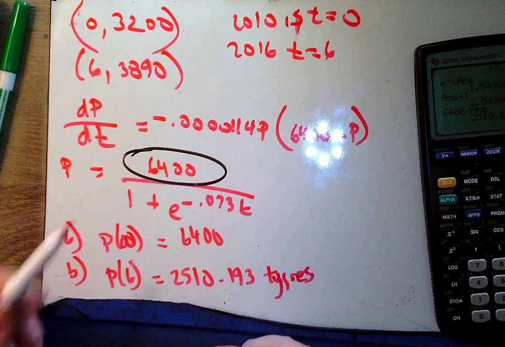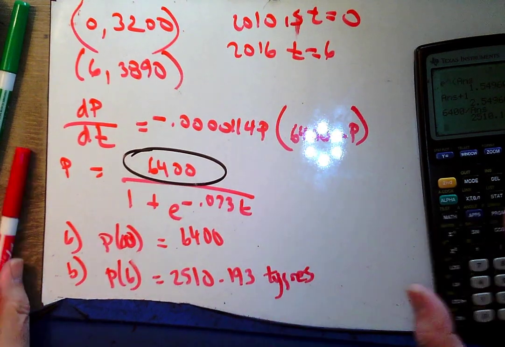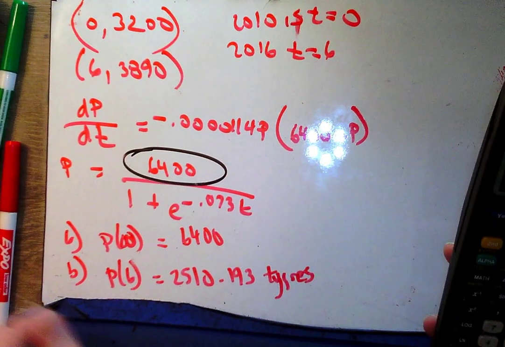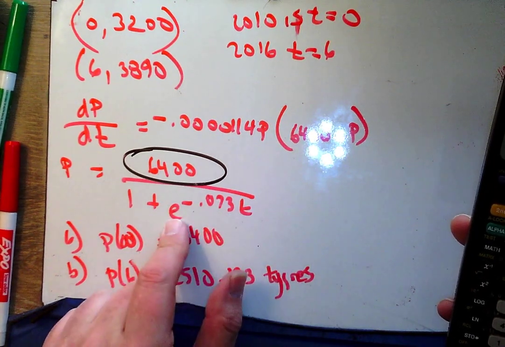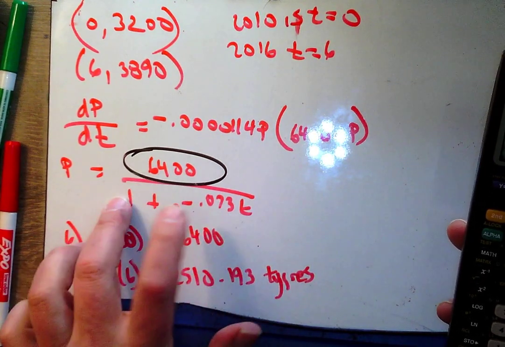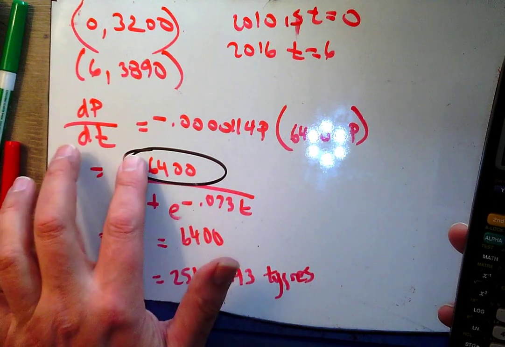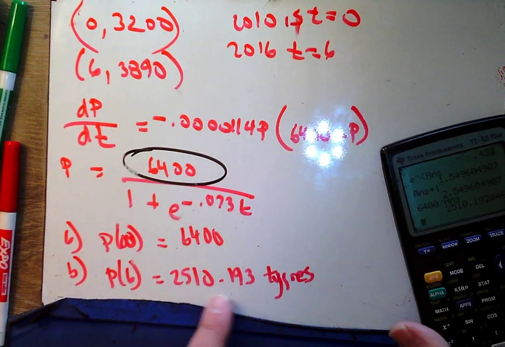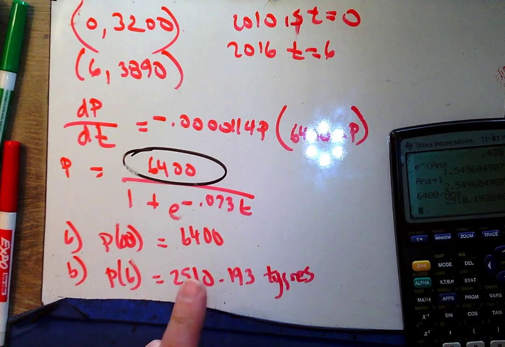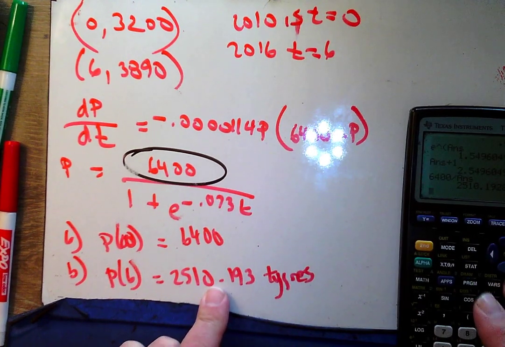That's p of infinity. That's the population we're headed towards. Okay, I wonder what p of 0 is. I'll plug a 0 in here. I get 1 plus 1, which is 2. So 6,400 divided by 2 is 3,200. But why did this go down? This shouldn't go down like that. Let me check my answer again.